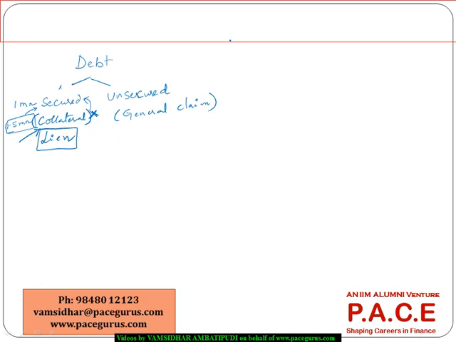So, order-wise, the secured ones get more and more priority in the claim because they have a specific asset against which they can claim, whereas the unsecured lenders still get the residuals.